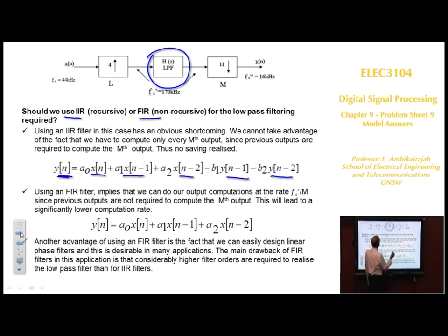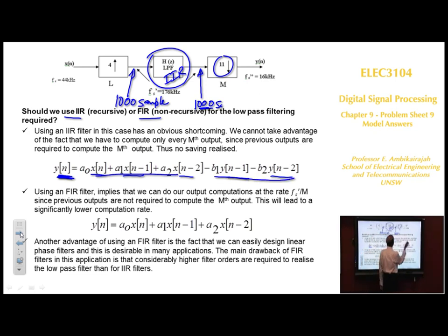That means if you have, say, 1000 samples coming in, you must have 1000 samples here, and then you drop out and keep every 11th sample. So you must calculate all the 1000 samples before you throw out the samples, because the current output depends on past input plus past output. So every sample output is required to calculate the next output.